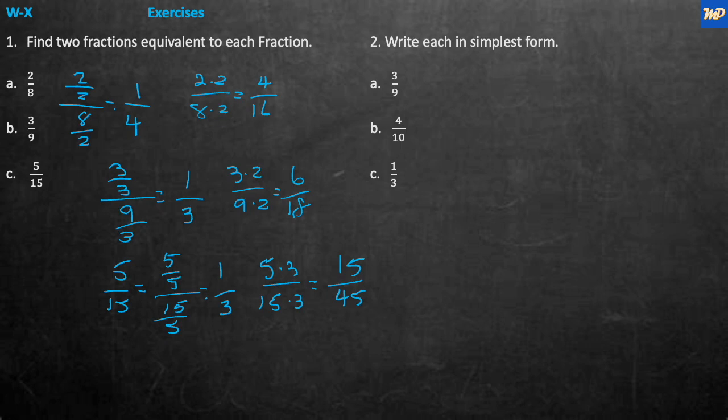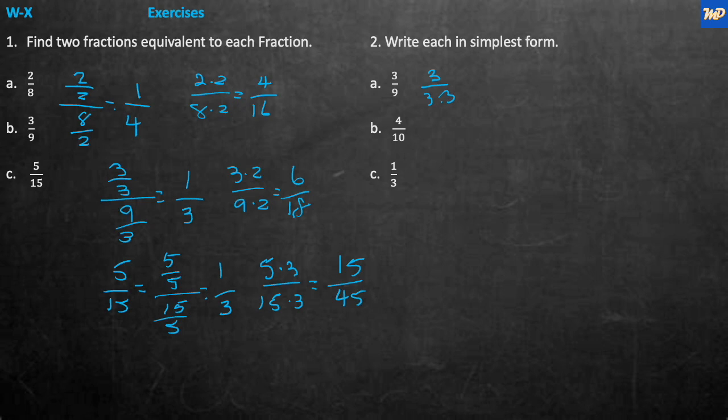For the next section, it says write each in simplest form. What's the simplest form of 3/9? Well, if we put 9 into its factors, because you can't divide 3 further down, it's a prime. 3 times 3 is 9.